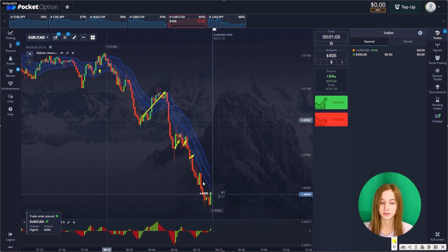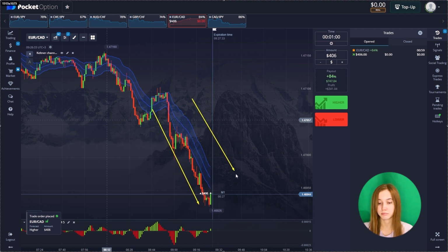It's good. So we opened up. Keltner channel shows us drawdown. By oscillator we have 3 green bars with the intersection of the 0 mark. It's very good for us. So we opened up.